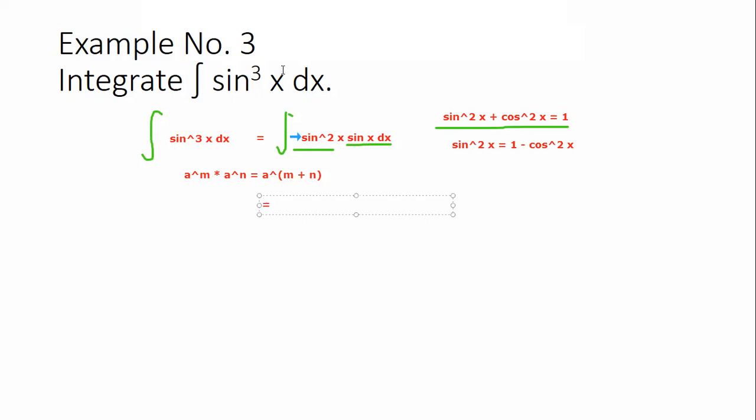So this will be the integral of 1 minus cosine squared of x, times sine x dx. Since we have a grouping symbol here, we use the distributive property to distribute the integral sign and the sine x dx to all the terms inside the parentheses, because we want to remove the grouping symbols.